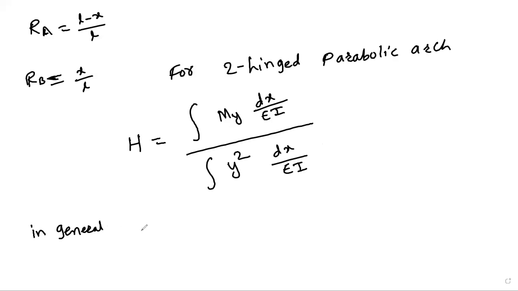As I told, it requires 1.5 hours for deriving the equation of the horizontal thrust for a two-hinge parabolic arch. It is already known to you, as you have studied it at your UG level.